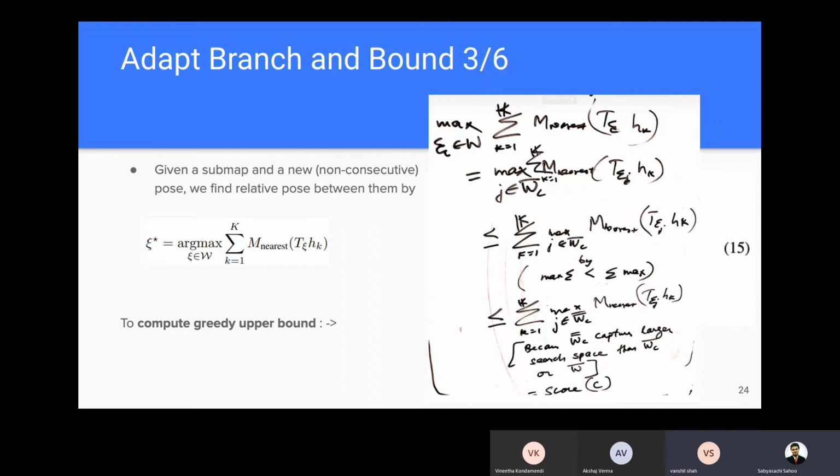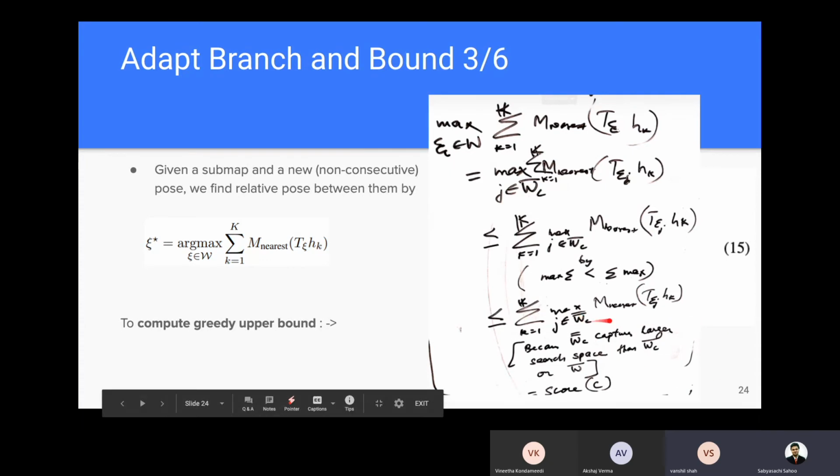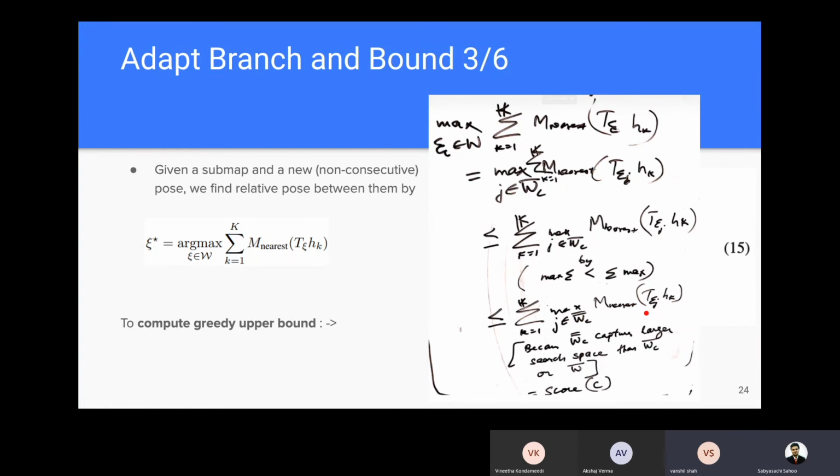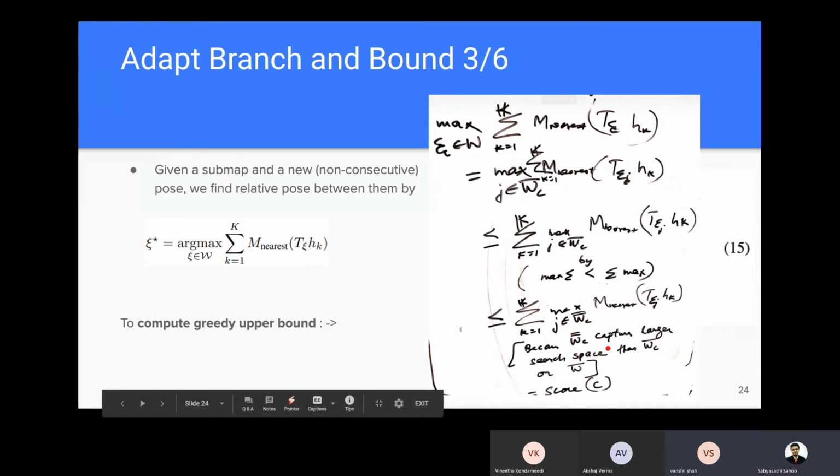The sum of maximums that you can get from all 10 events will be lower than the sum of maximums that you can get from maybe 15 events, because you have more number of events. More number of events or points. Yes, that's correct.